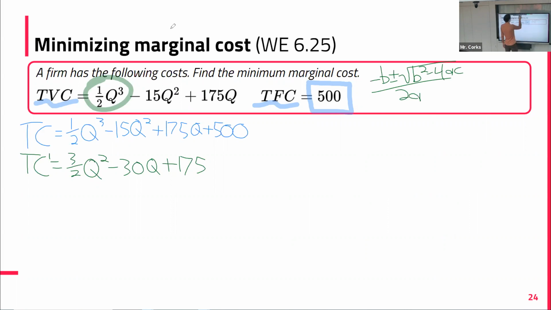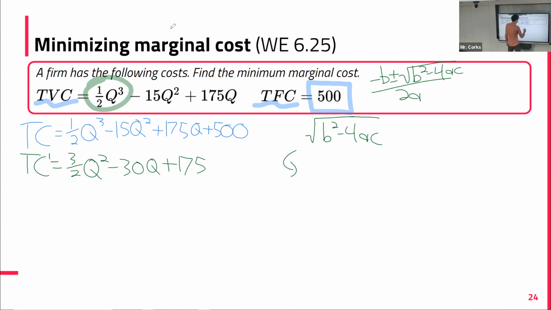The discriminant, b squared minus 4ac, if we put in our a, b, c and it's positive, then okay, we have roots. If it turns out to be negative, then we don't have any real roots, and that would mean no turning points for the function. So let's try that out here.